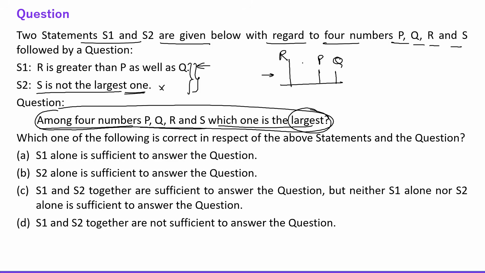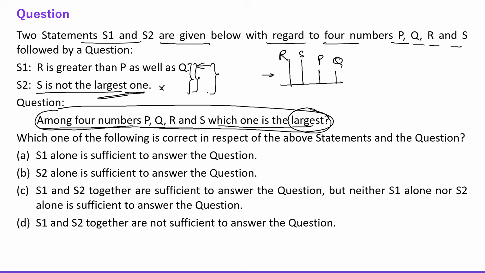It means S may be equal to R, or S may be smaller than R, because they are saying S is not the largest. So it can be smaller than R, or it can be smaller than any number, right? So from combining these two statements together, we can't say which number is the largest.